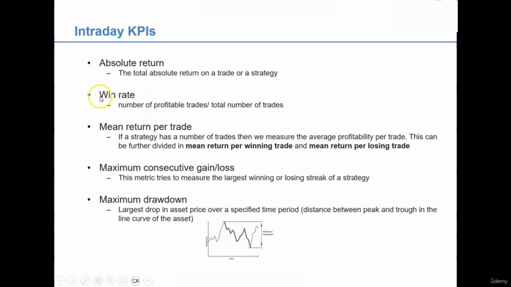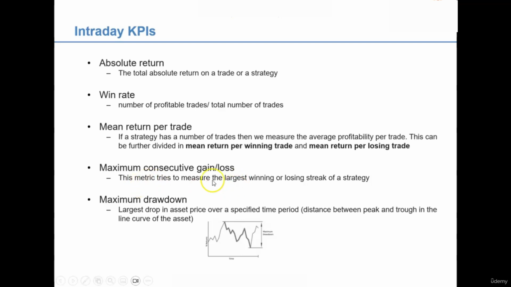So it's very important that you consider win rate along with these metrics, mean return per winning trade and mean return per losing trade. So next KPI is maximum consecutive gain or loss. This KPI simply tries to measure the largest winning or losing streak that a strategy had. I don't see a lot of value in this particular KPI, and that is why we are not going to implement it, because I don't really see what's the point of just seeing whether a strategy had a streak or not.